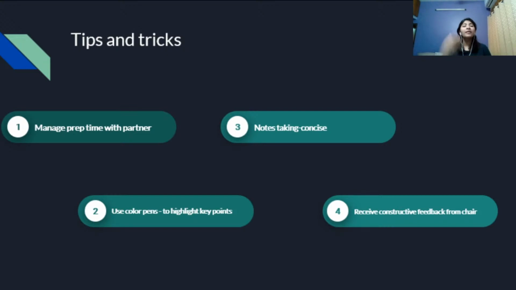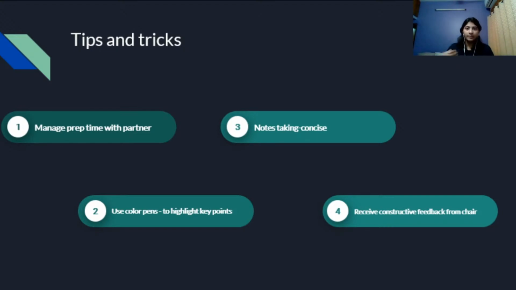This is the time when you can think about what the opponent benches can come up with and try and rebut them beforehand. So when they actually come up with it, you don't have to think about anything then and there, because you would have thought about it before. You can do a lot more things in prep, and these are some of them. Secondly, use colored pens to highlight key points.